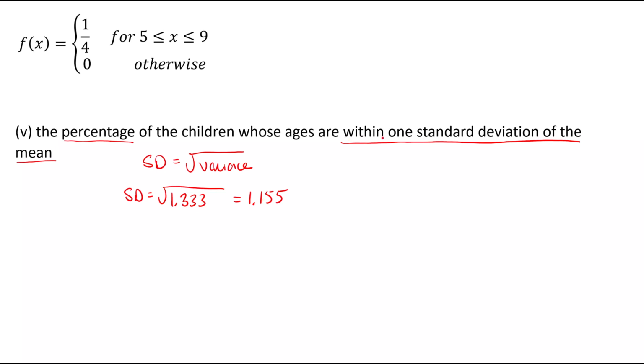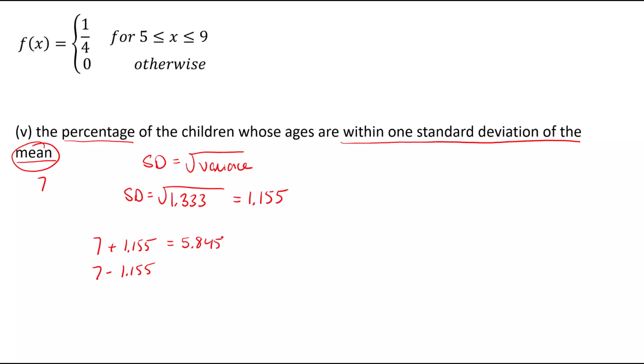And so when we say within 1 standard deviation of the mean, we mean we want to take the mean, which we found to be 7, and we want to go 1 standard deviation above it, so plus 1.155, and 1 standard deviation below it. So I want to subtract the 1.155.